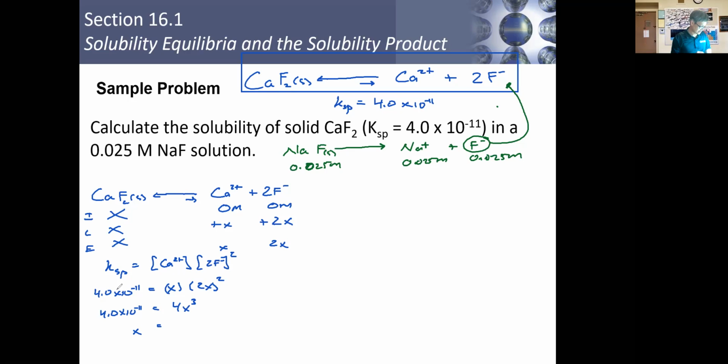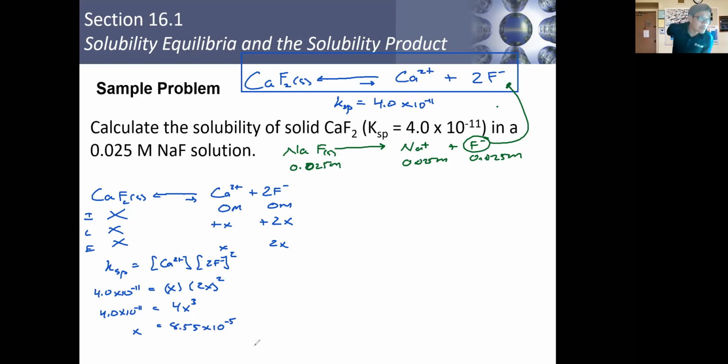I get here X being 8.55 times 10 to the minus 5. So that's the solubility for calcium fluoride without the common ion.